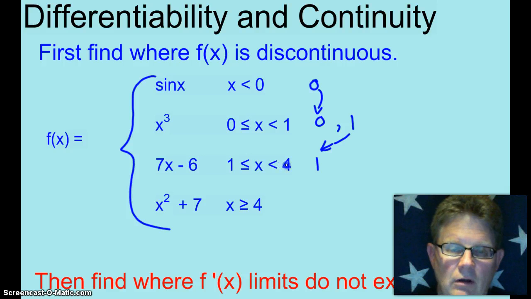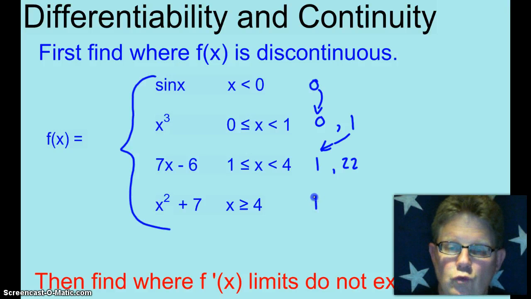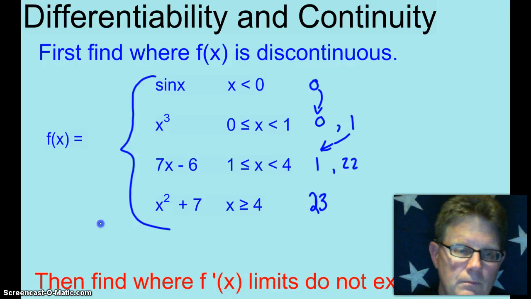And now we'll figure it out at 4. 7 times 4 is 28, minus 6, 22. Now we're going to figure out the other piece at 4. 4 squared, 16, plus 7, 23. So f of x is discontinuous and non-differentiable at x equals 4.